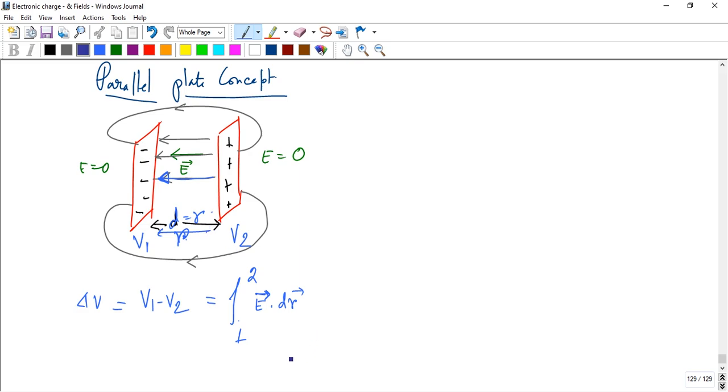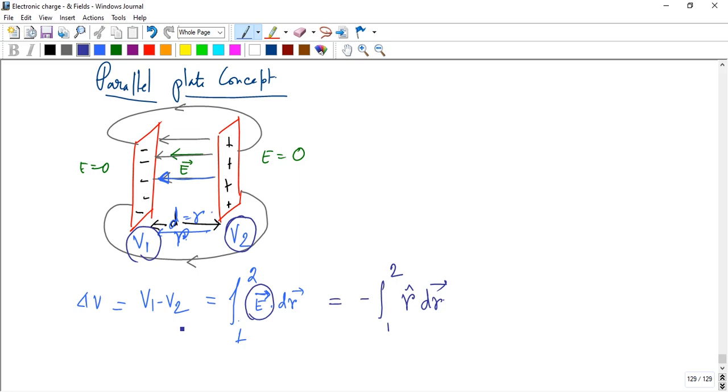Now the electric field is a vector field and has a direction. Here the direction is opposite to the displacement, so we get a minus sign: minus the integration from 1 to 2 of E r-cap dr. Why do we get the minus sign? Because V2 is the higher potential and V1 is the lower potential.